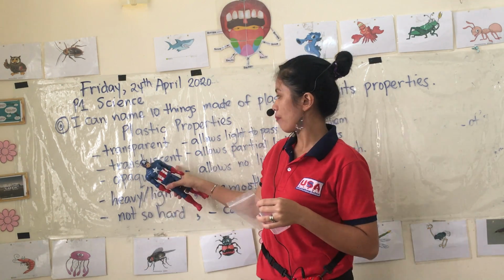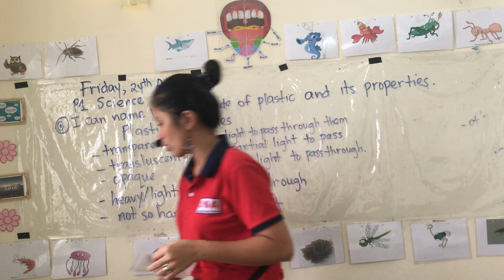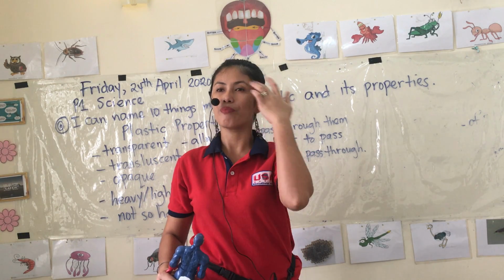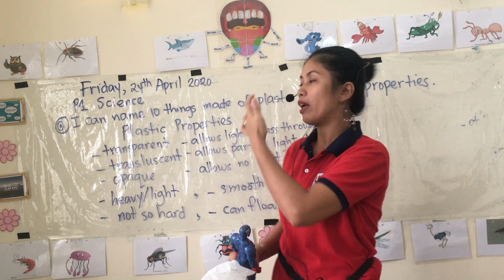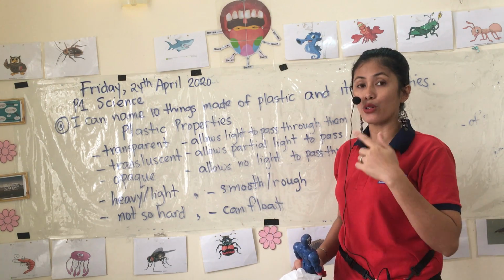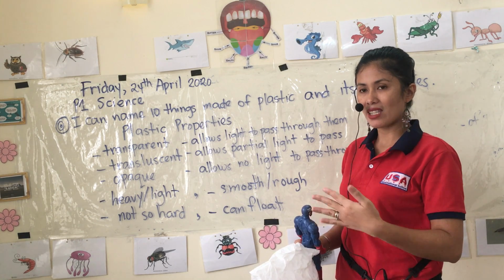Now the second type is translucent. When we say translucent, we can see a little of what's behind it. It will allow partial light, meaning a little light that will allow you to see what is behind that plastic or that thing.